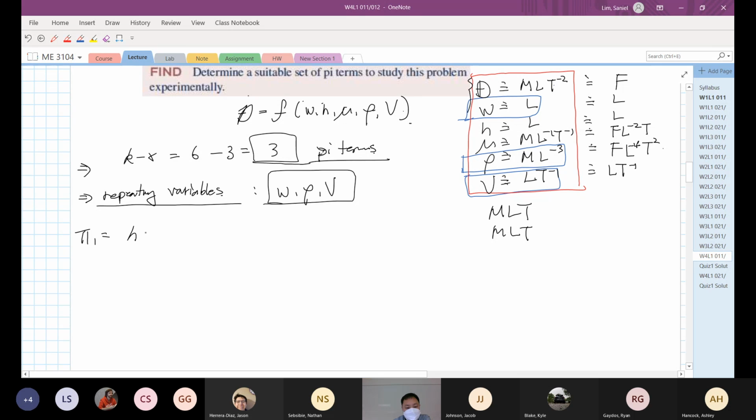So H, W, rho, V. I have exponents A, B, C. It should be dimensionless, M0 L0 T0. Okay, what do you have here? H, which is L. W, which is L. Rho, ML minus 3. V is LT minus 1.